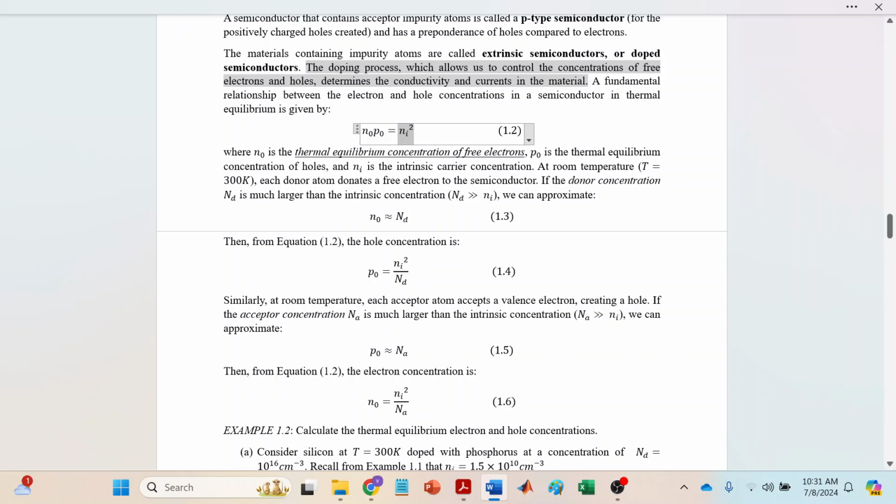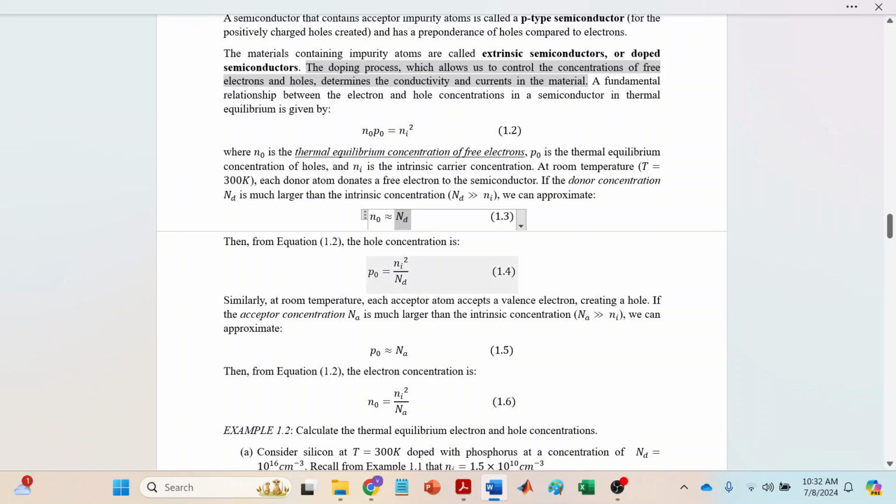So if the donor concentration is larger compared to the intrinsic carrier concentration, which is the case if it's doped, because as we've seen in that first example, the intrinsic carrier concentration is very low, we can just replace the thermal equilibrium concentration of free electrons with the donor concentration.